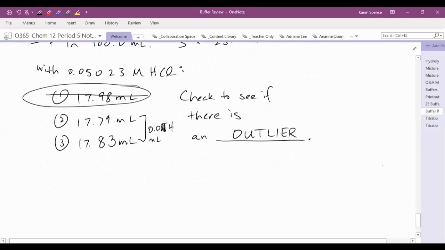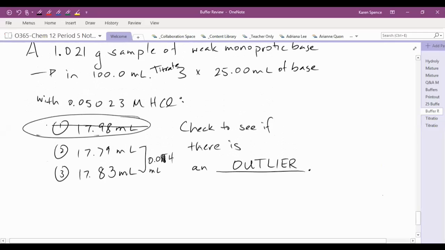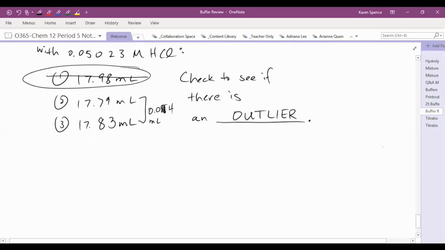What would we do with the other two values? Average, yes. Okay, so we are going to take the average of those two.